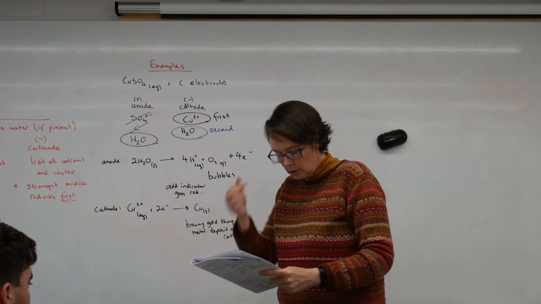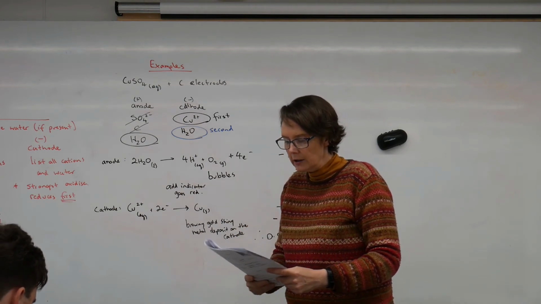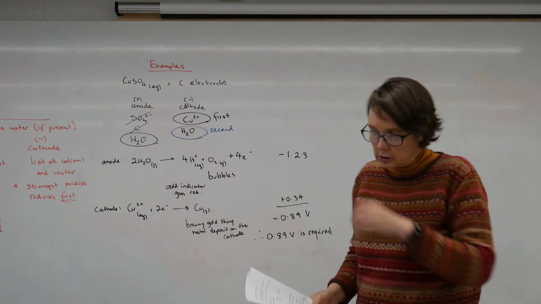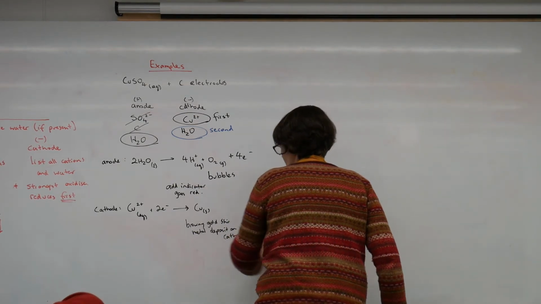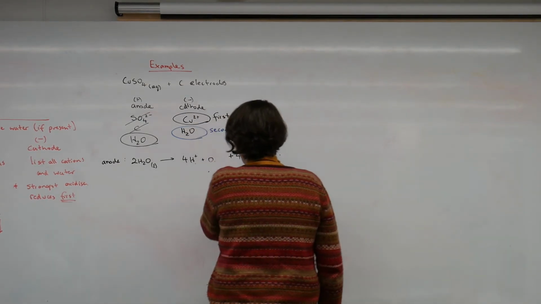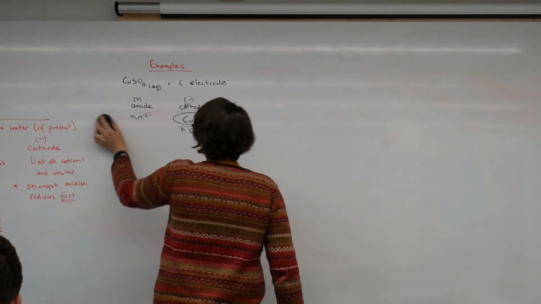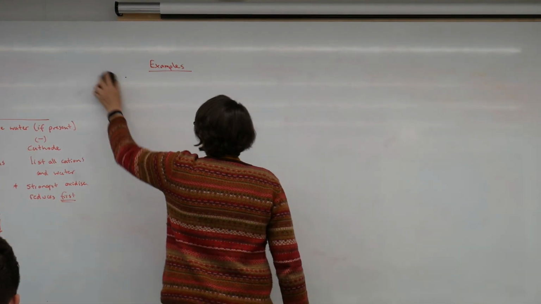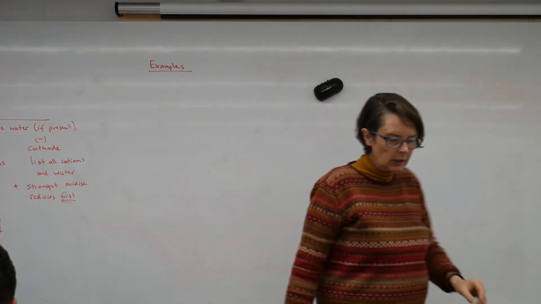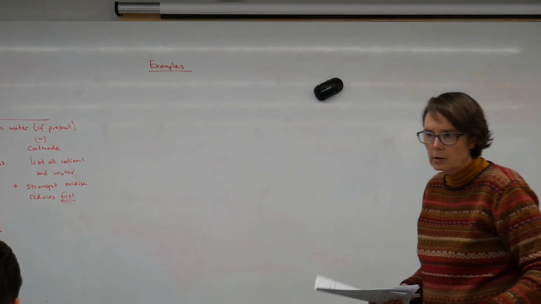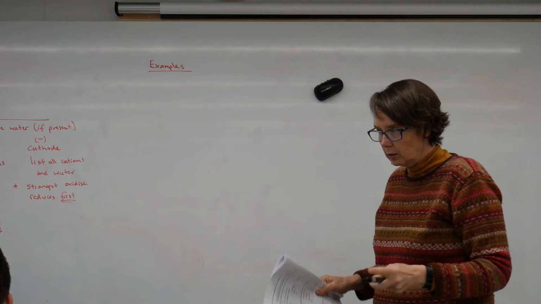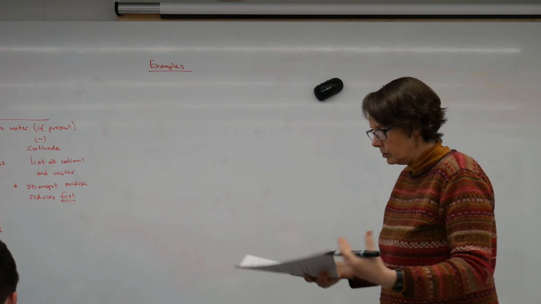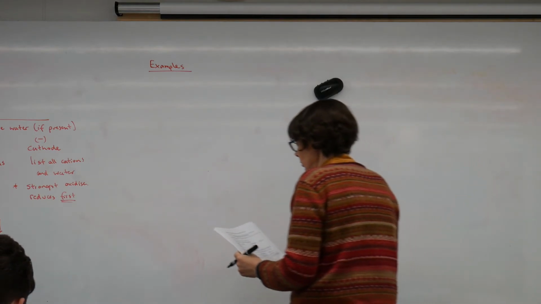So let's go on and talk more about the one on page 18, which is concentrated sodium chloride. Now, I have said a couple of times that the electrochemical series will only work for 1 molar solutions, so we can only use the voltages for 1 molar solutions.